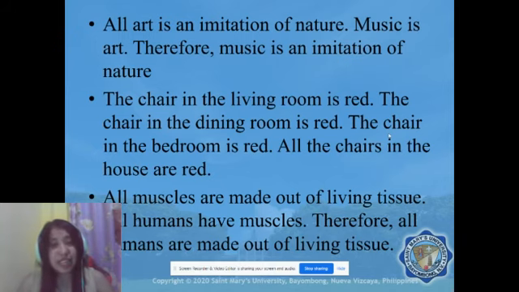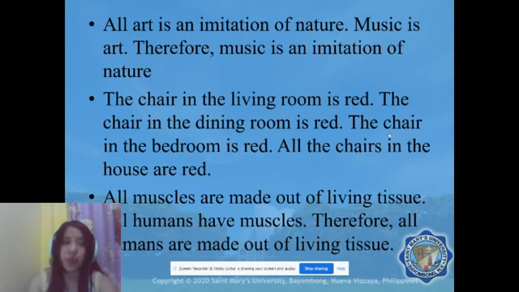So it's specifically in the living room and specifically in the dining room. The chair in the bedroom is red. So specifically in the bedroom, then all the chairs in the house are red. So it is specific to general. So yes, you are correct. It is inductive reasoning. Okay, next.